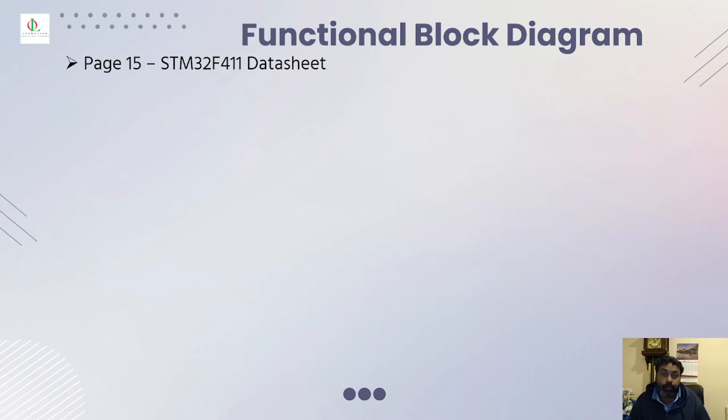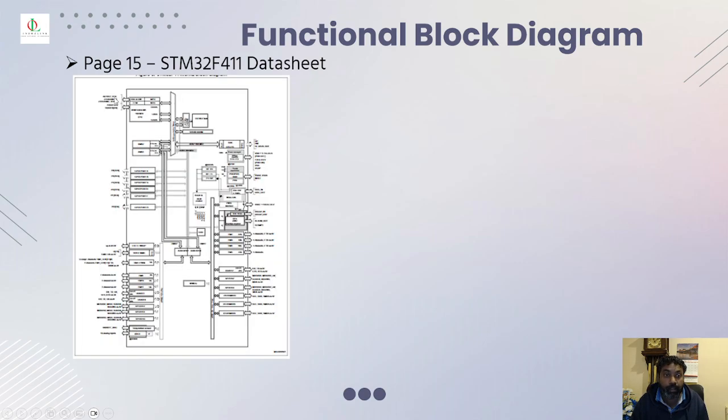Before going to the memory map, I would like to highlight the functional block diagram, so you will have a better understanding of the various peripherals for a start. As I said earlier in the previous classes, the functional block diagram lives in the STM32F411 datasheet on page 15. This is the functional block diagram. If you downloaded the datasheet, this is the one you'll get.